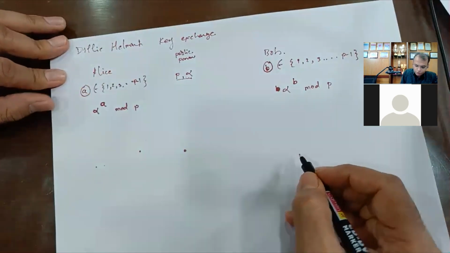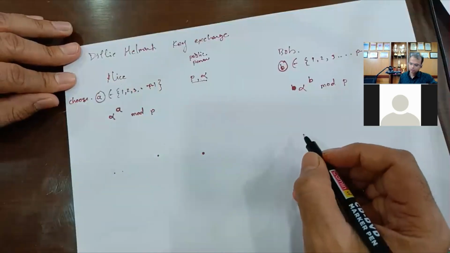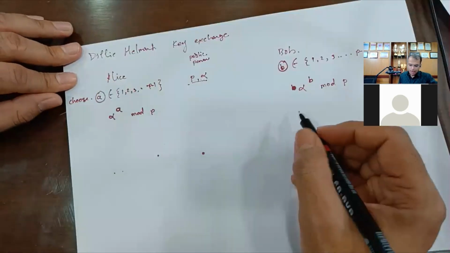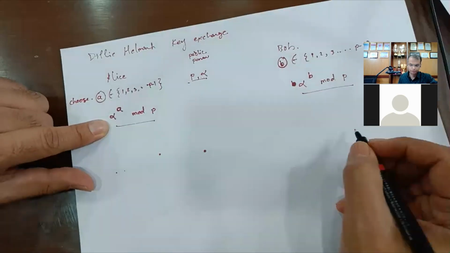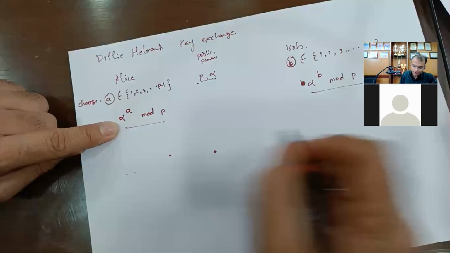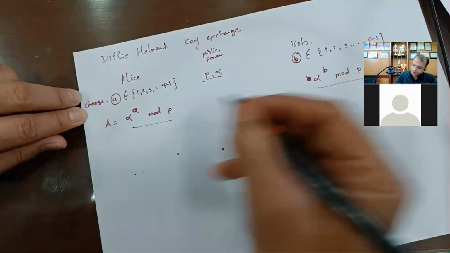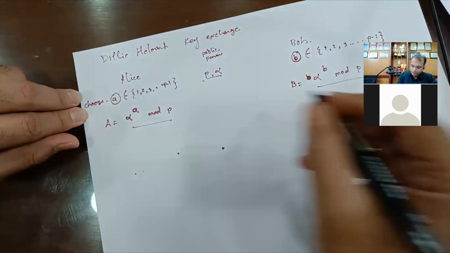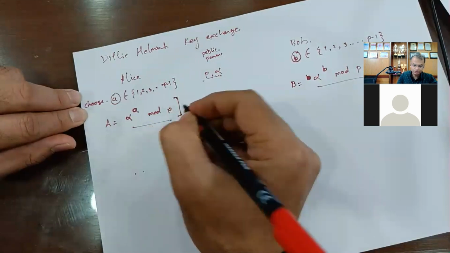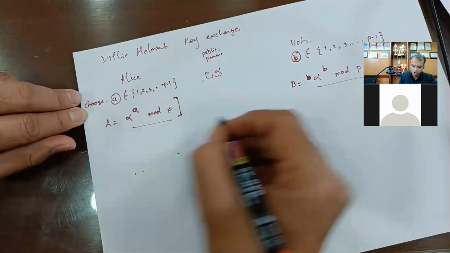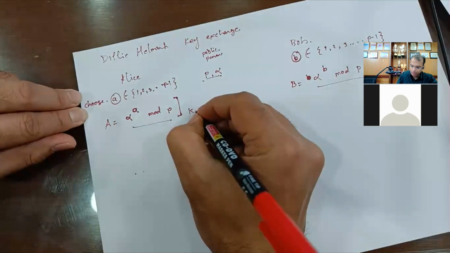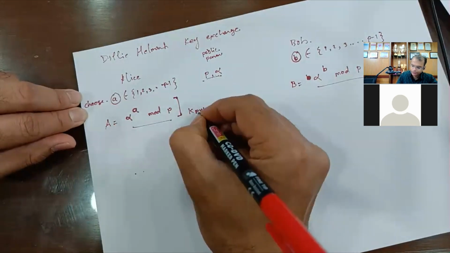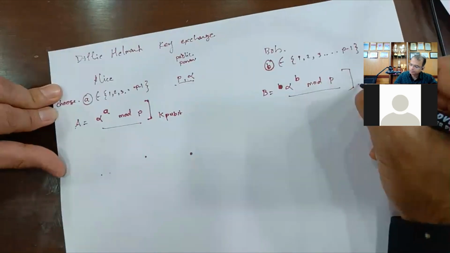So we are choosing the private key from this set, and we are generating some value. We will call this value capital A and capital B, or call this K public of A, and this will be K public of B.